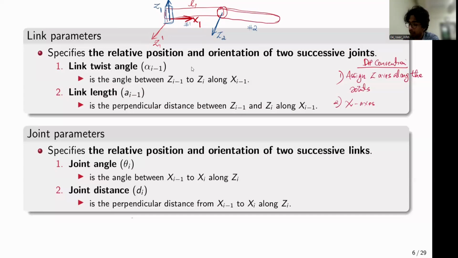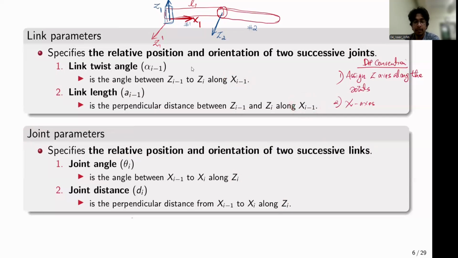And similarly, we have two more parameters that come under joint parameters, which basically convey the relative position and orientation of two successive links along the zi axis. So earlier, everything was with respect to xi minus 1, right? Relative orientation between xi minus 1, relative position between xi minus 1.